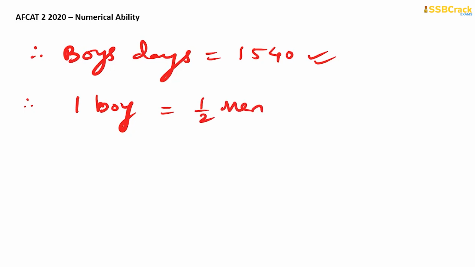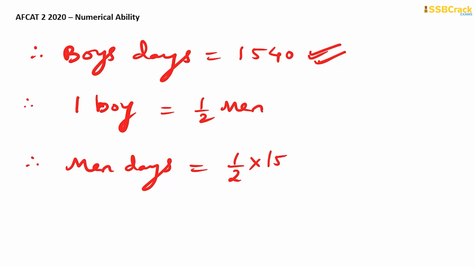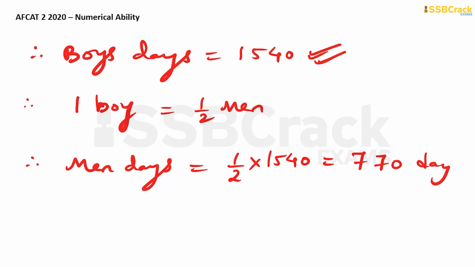A man is double efficient than a boy, meaning one boy's efficiency equals half a man. So therefore, if the boys days are 1540, then the men days you can easily note, right? So men days will be how many? Half of this, because the efficiency is double. Days will be half, right? So half of 1540 will be 770 men days, that is the days men take to complete the task.